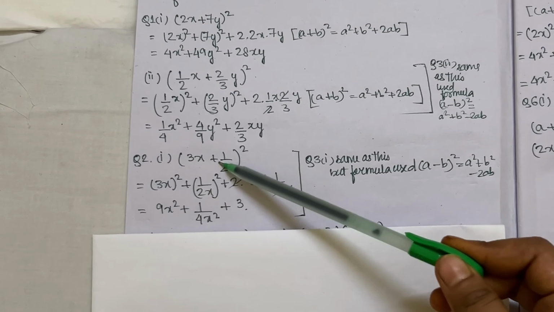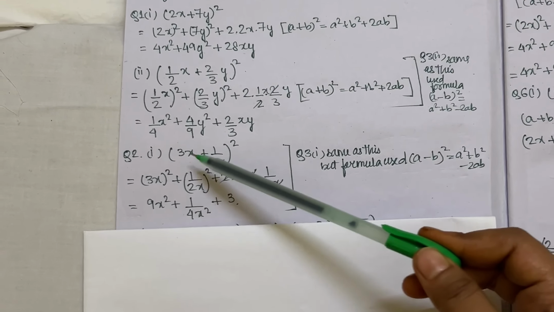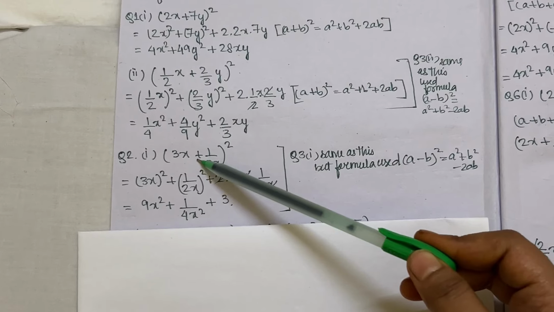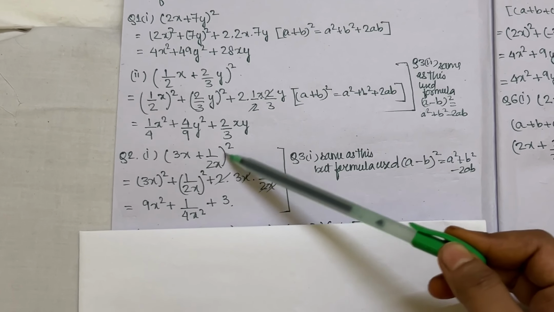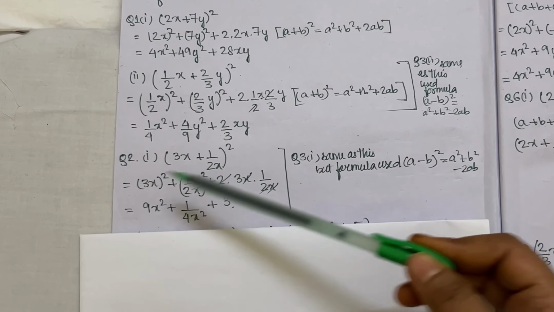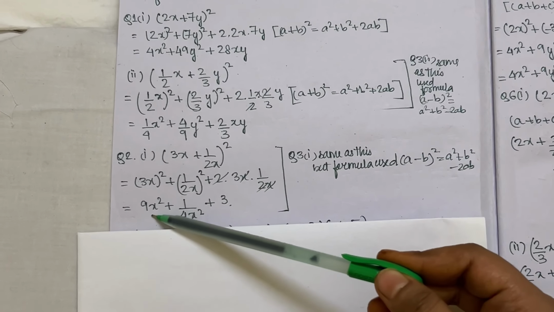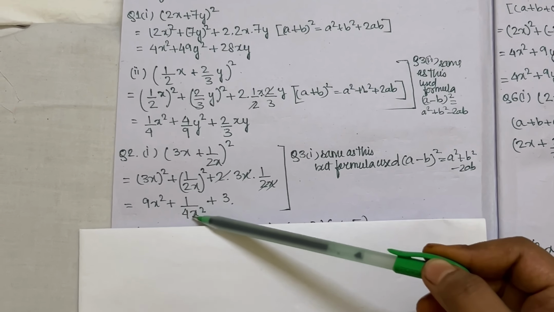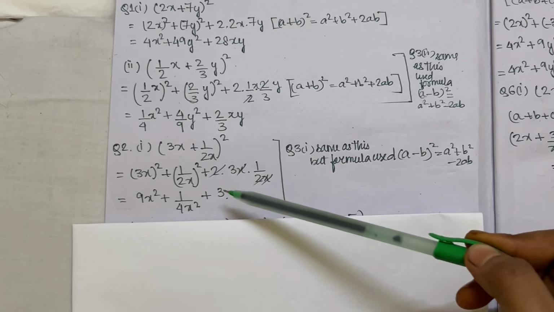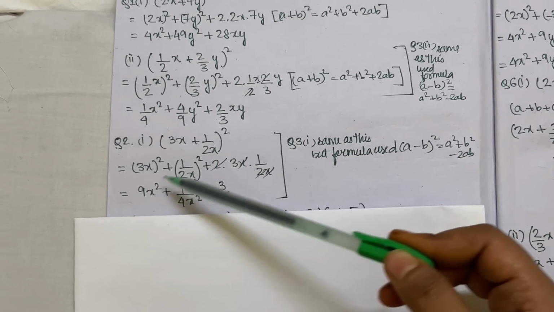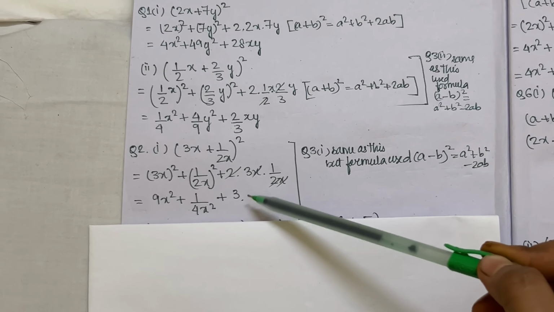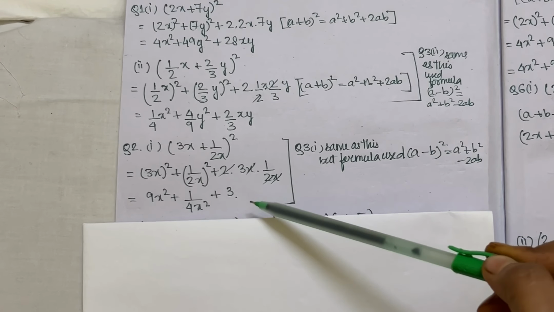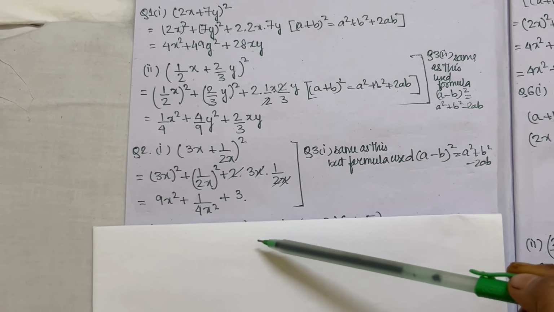Here we can simply see that it is a and b, and in the middle there is plus. So we need to expand it on the formula, that is (a plus b) whole square. Putting the values accordingly, we are getting 9x square plus 1 by 4 x square plus 3. That's it. We are not going to do LCM and all that, not required. We just stop till here because the chapter is prescribing us to do so.